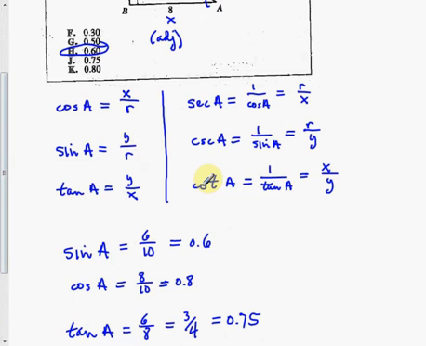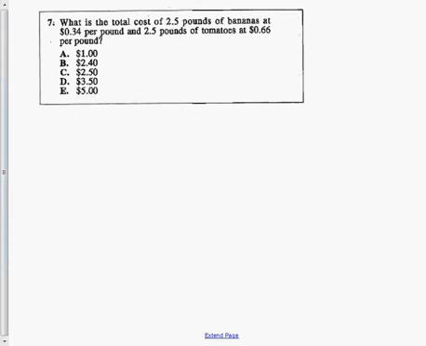All right. So, let's look at the next problem. What is the total cost of 2.5 pounds of bananas at 34 cents per pound, and 2.5 pounds of tomatoes at 66 cents per pound?